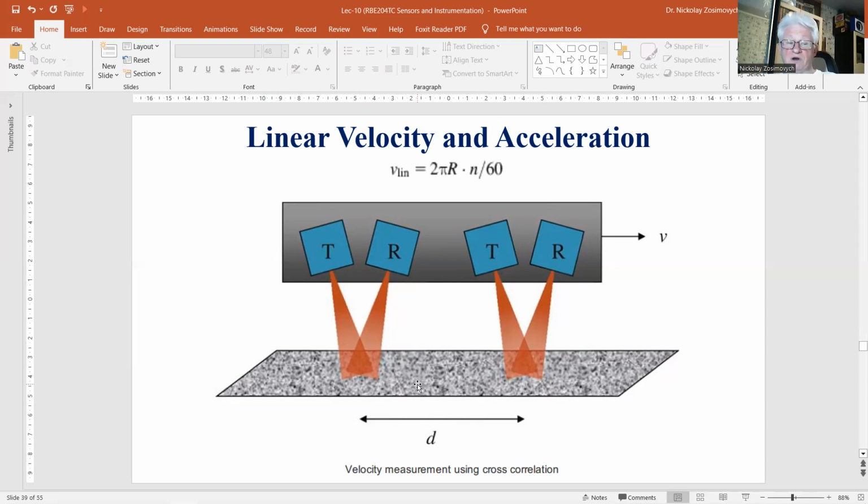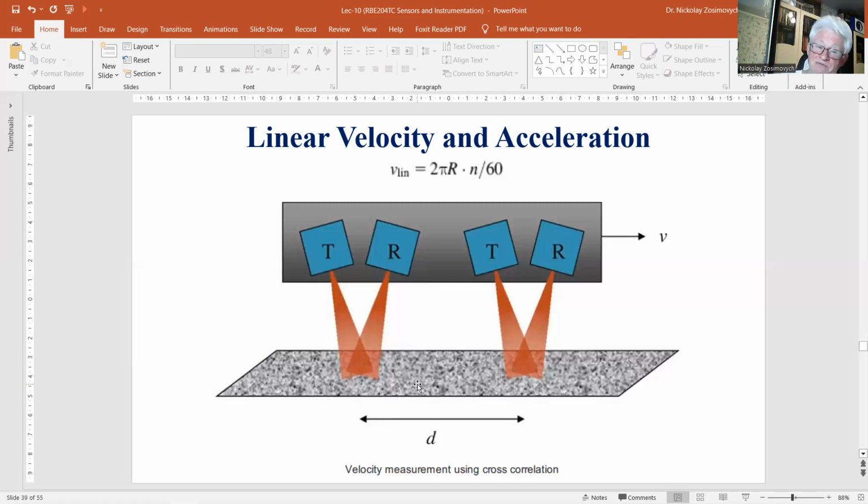When the surface is rough, the reflected signals depend somewhat on the particular structure at the point of impact. While moving, the output signal will show a random component according to the varying scattering of the surface. Both output signals are the same, but displaced over a time interval d over v.